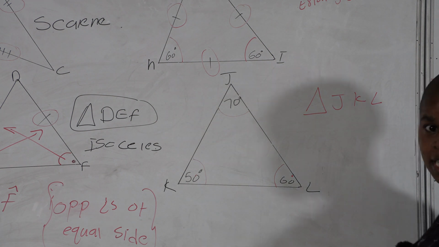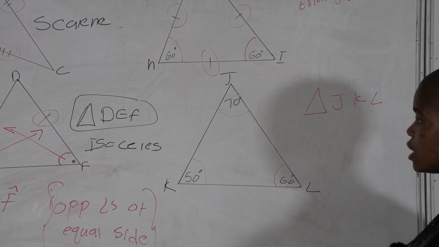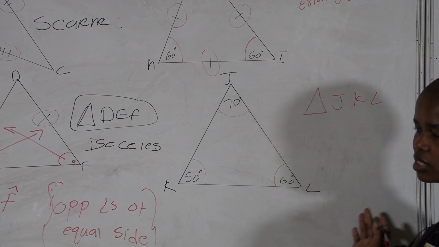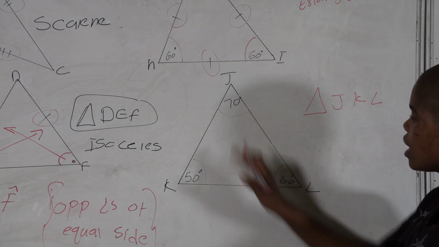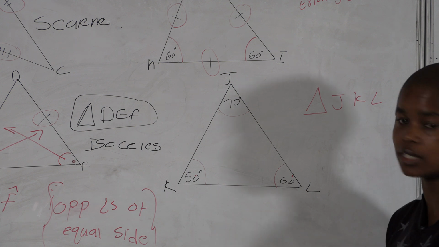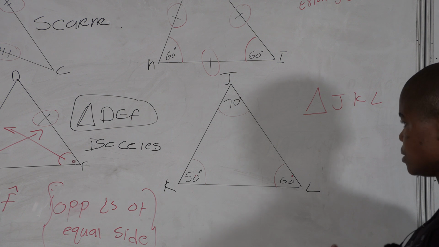These angles are telling me something. All these angles are acute angles. Acute angles, we're talking about angles that are just above 0 but less than 90. So we call this triangle an acute angled triangle simply because all the angles inside are acute angles.